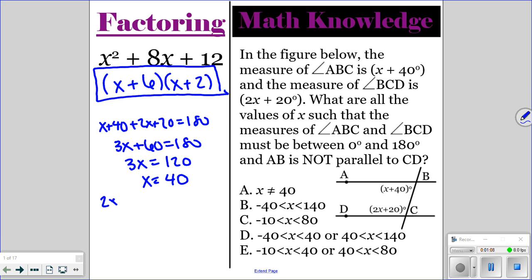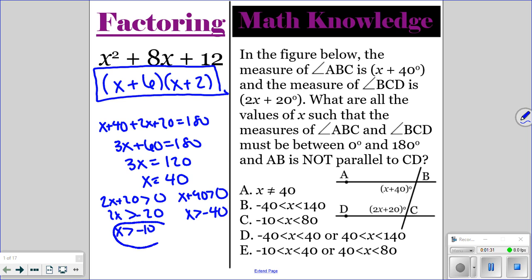So if 2x + 20 has to be greater than 0, 2x would have to be greater than negative 20, so x would have to be bigger than negative 10. And if this one had to be positive, x + 40 would have to be greater than 0, so x would have to be greater than negative 40. So the one that has fewer numbers would be this one. Okay, so that would be what we're going to be looking for.